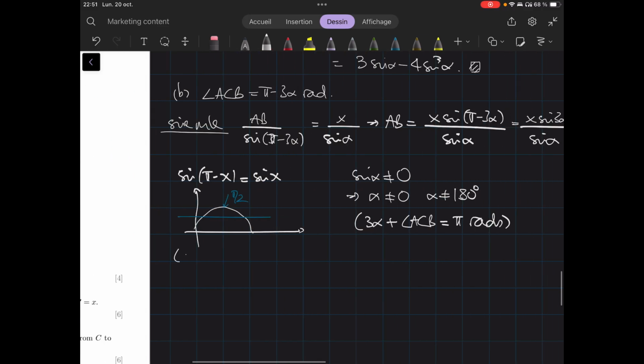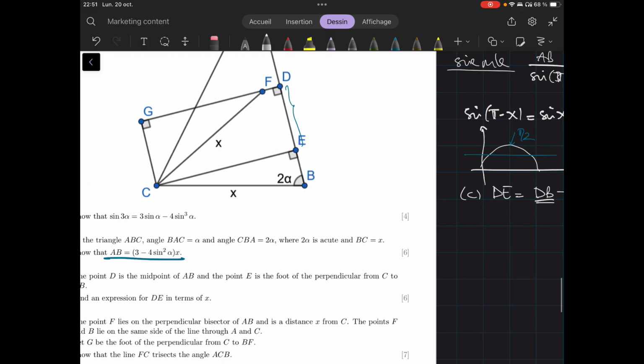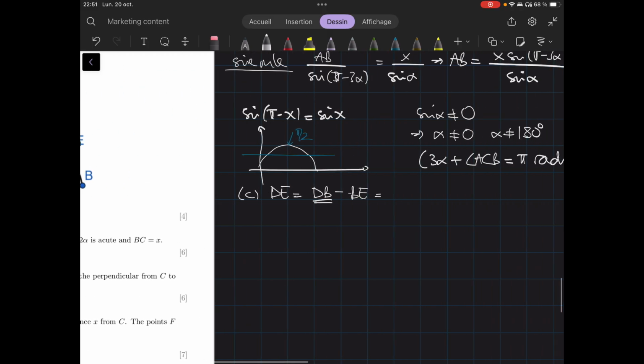So, the idea is noticing DE is DB minus BE. DB, we know it to be a half of AB because we know D is the midpoint of AB.